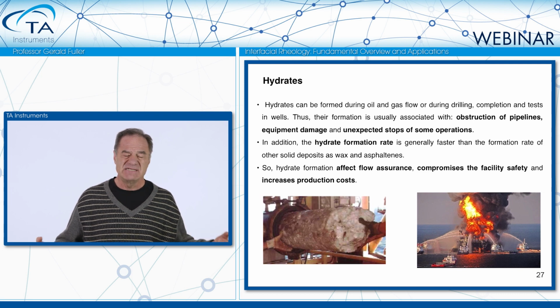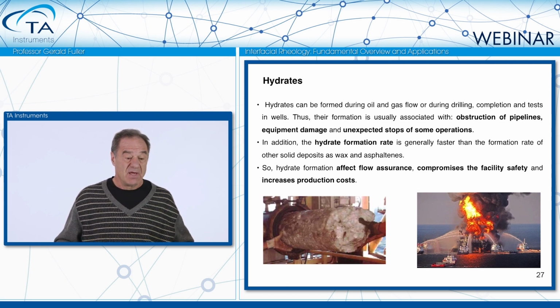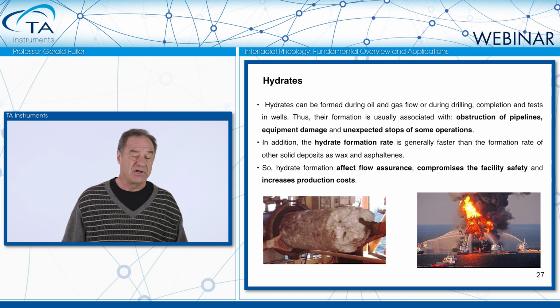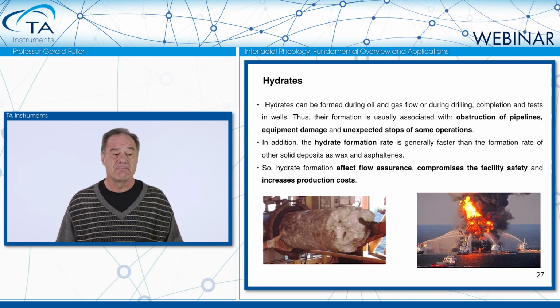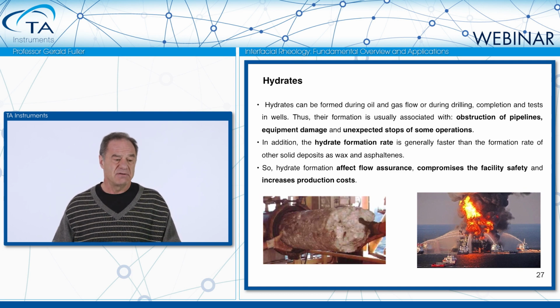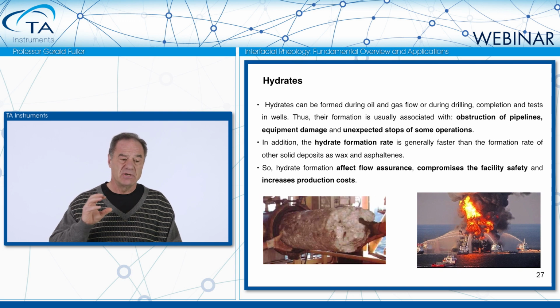It's kind of an ice-like structure. And unfortunately, in the Gulf of Mexico, hydrate production is strongly implicated in the disaster that we had several years ago. So it's important to understand this interaction between oil and water.